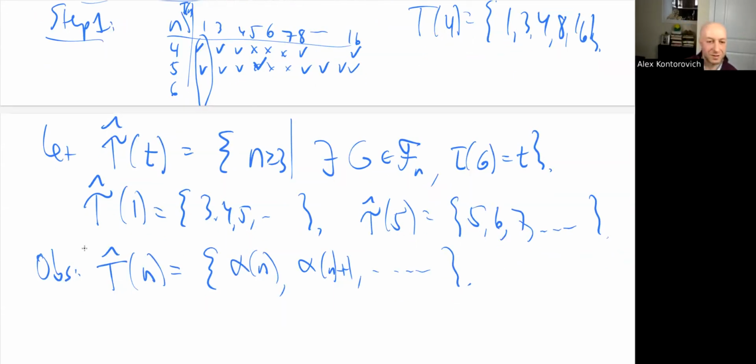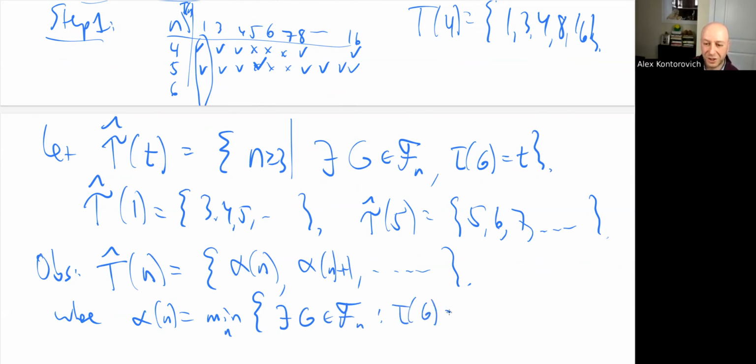Where alpha of n is, of course, the minimal n for which there exists a graph on n vertices having tau of G equal to, sorry, this is supposed to be a t. So it's the least n for which there is a graph on t vertices.